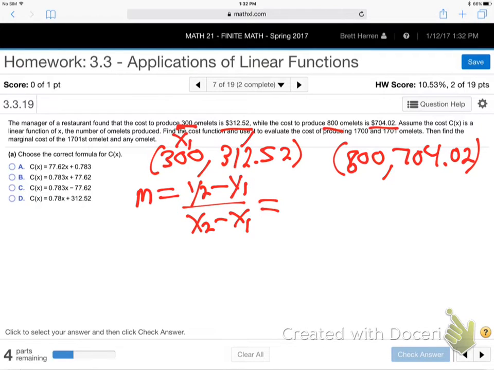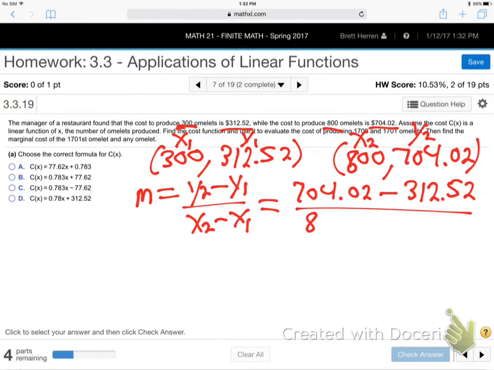This is x1, y1, x2, y2. So y2 minus y1 over x2 minus x1. So clean that up and see what you get for a slope there.